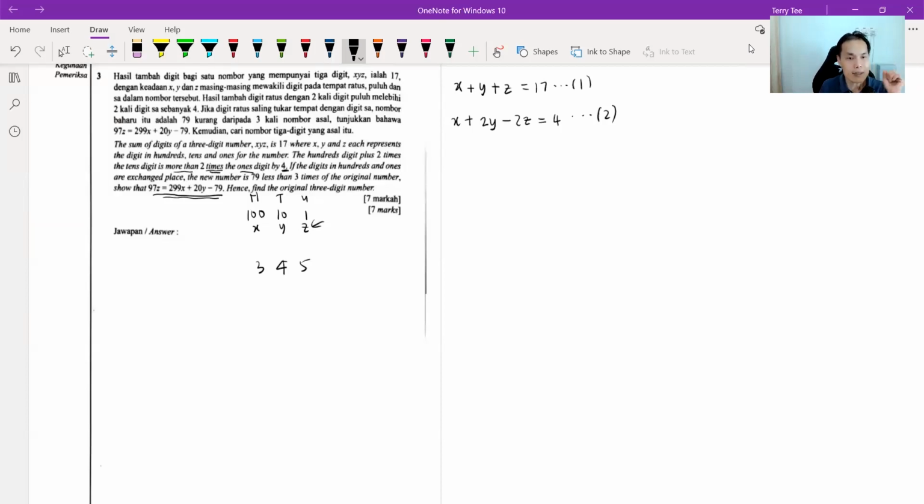Okay, now the next one is this. If the digits in the 100 and the 1 are exchanged, so the digit in 100 is x, the digit in 1 is z, we exchange the positions. Let me write here. When you exchange it, z will be here, y will be here, x will be here.